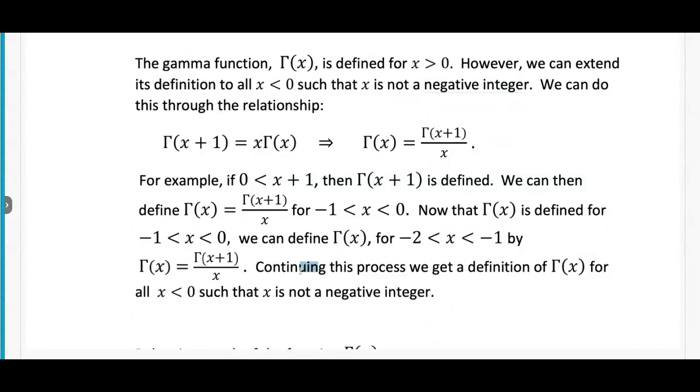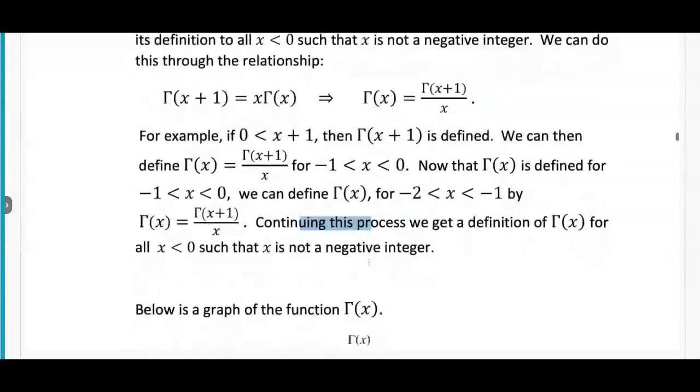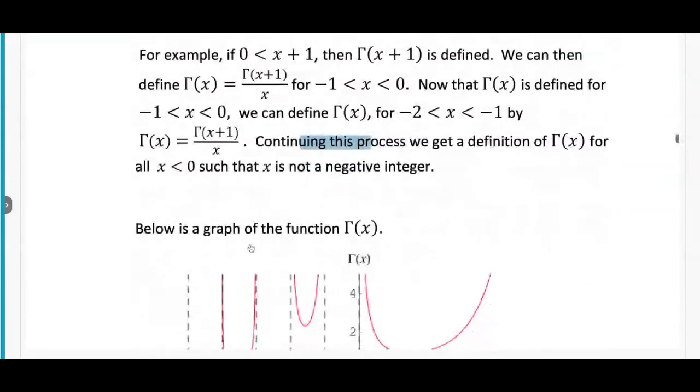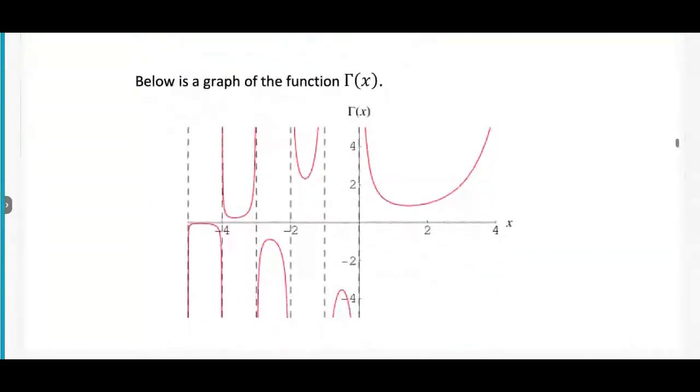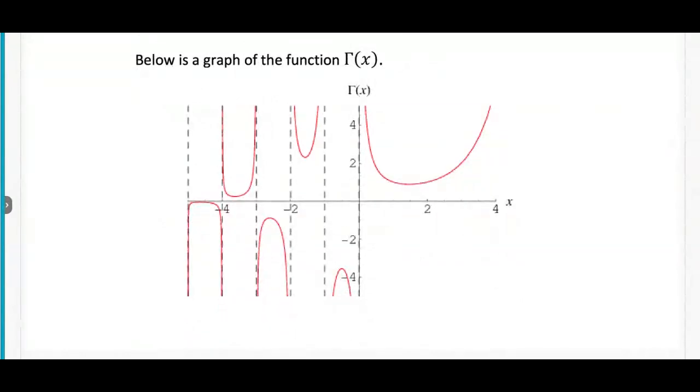This is still okay, continuing the process. So we get a definition of gamma for all negative numbers except negative integers. The graph of gamma is very interesting as well. You see the negative integers are not in the domain of the function.